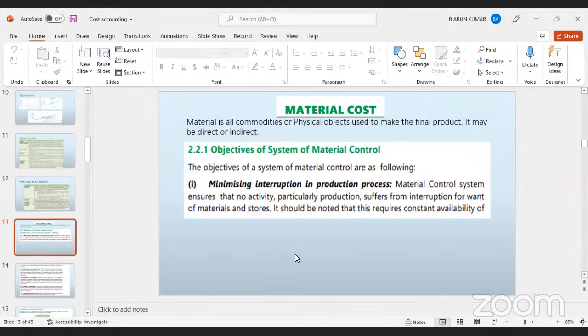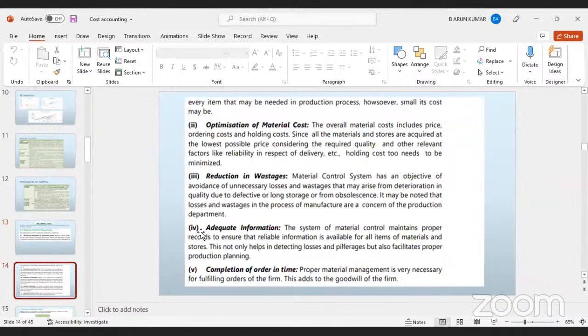The first objective of material cost control is that, and the second objective is optimization of material cost. It means the overall material cost includes the price, ordering cost, and handling cost. All materials and stores should be acquired at the lowest possible price, considering the required quality and relevant factors like reliability of delivery, while handling cost needs to be minimized.